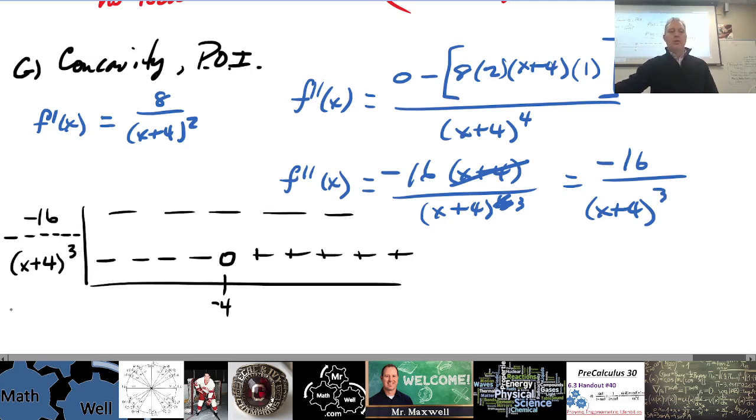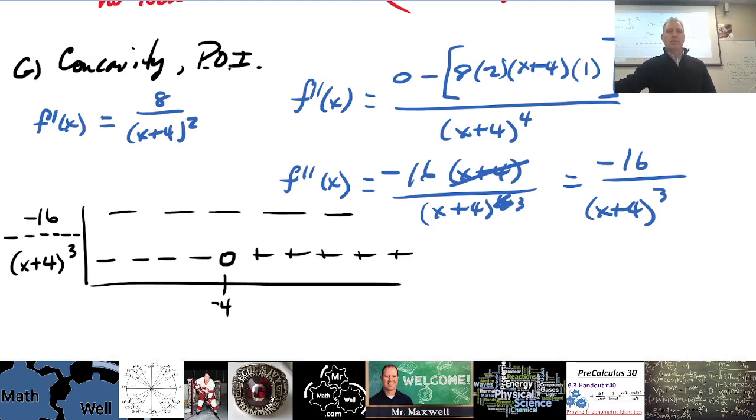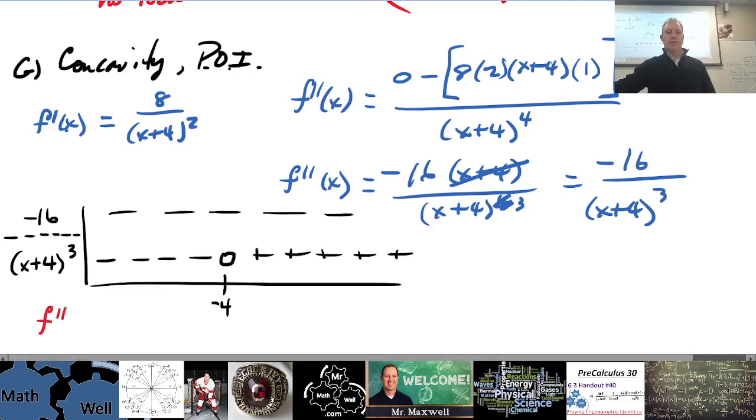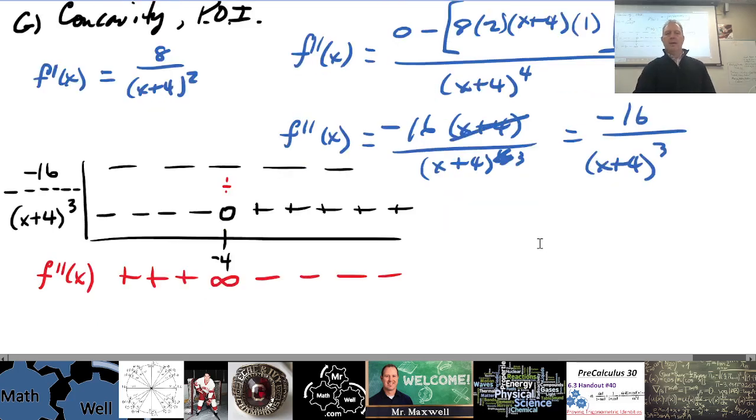Okay. All right. So our second derivative then, let's change color here. Our second derivative is going to be positive. It's going to be undefined because we're dividing by 0, undefined. And then negative. So what does that mean for us?